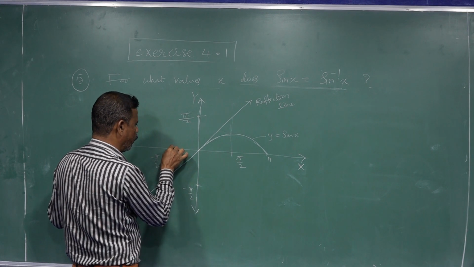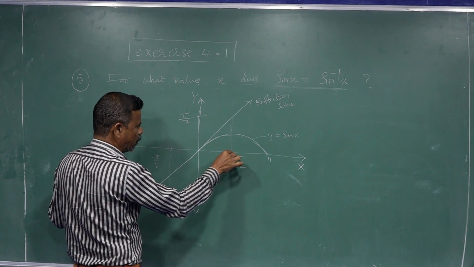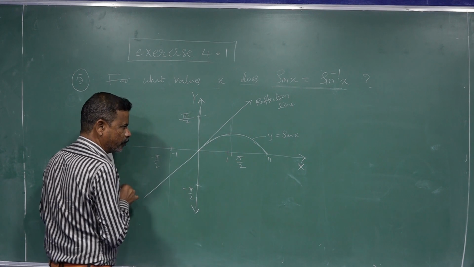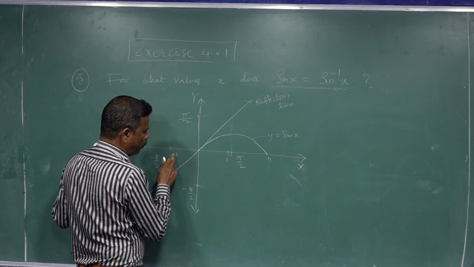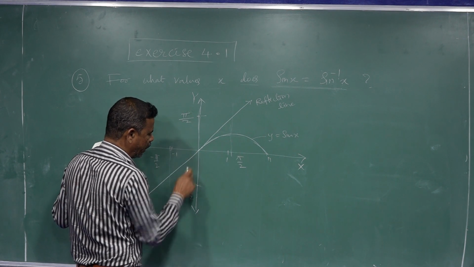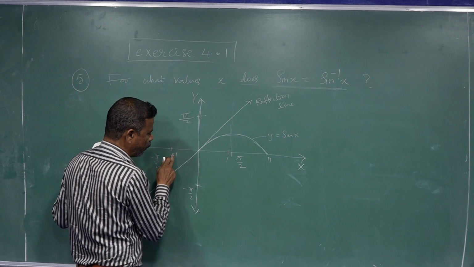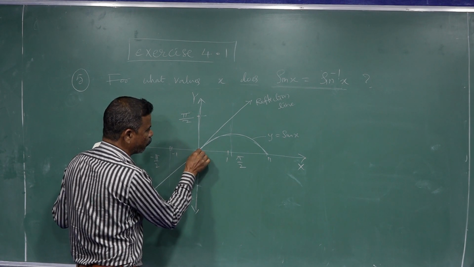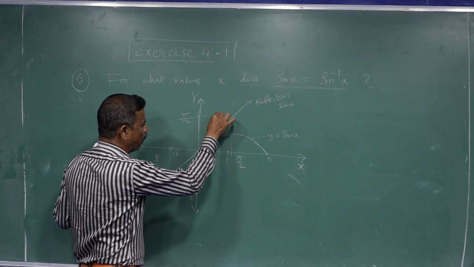Then the sin inverse x values are plus π/2 to minus π/2, and x values are minus 1 to plus 1. So the sin inverse x graph comes like this.